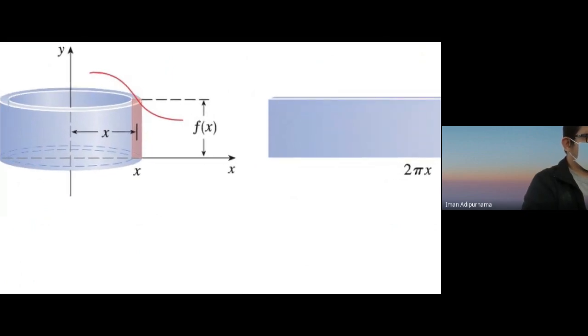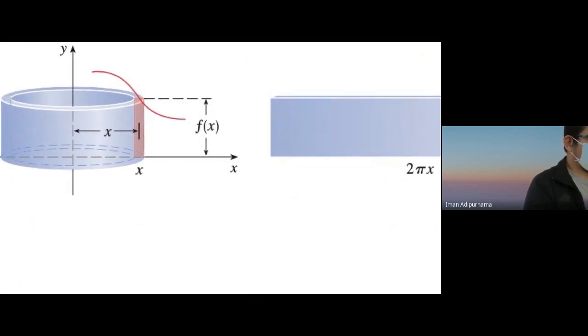If we take this x as the radius, the average radius, and we have a delta x or dx here, the thickness, and we have the height. In our case here, the height is our function of x.